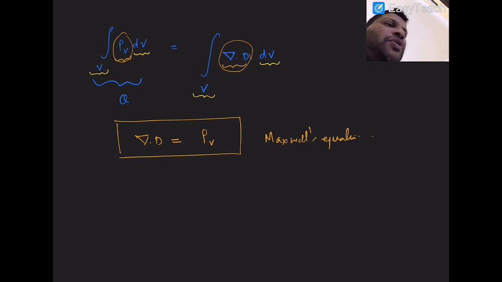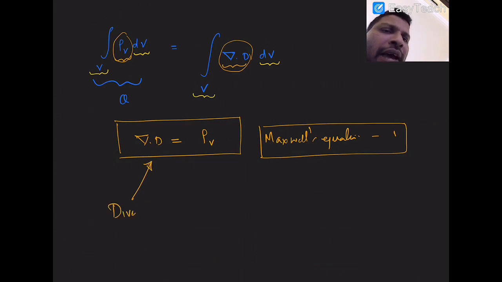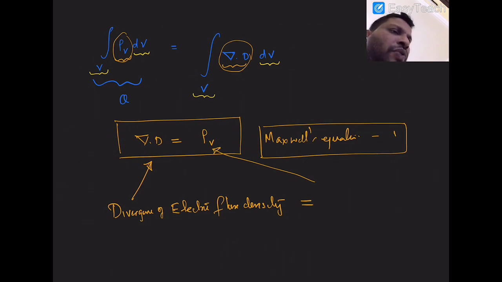This is the first equation of Maxwell. Now I will say in words, this is giving you the divergence of electric flux density, and this is equal to the volume charge density.